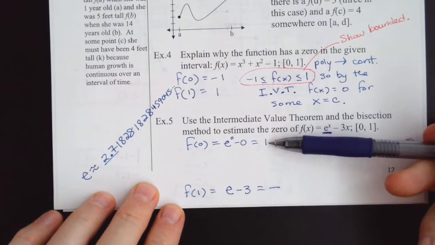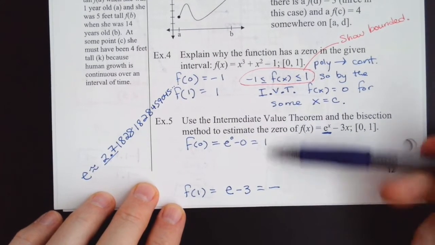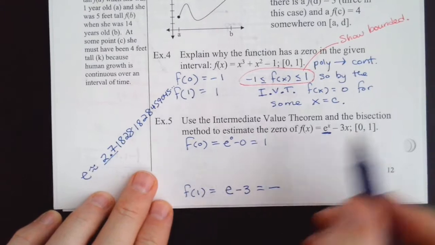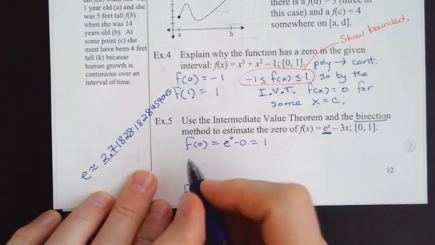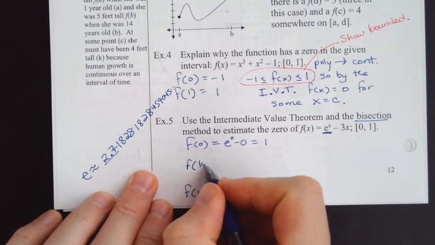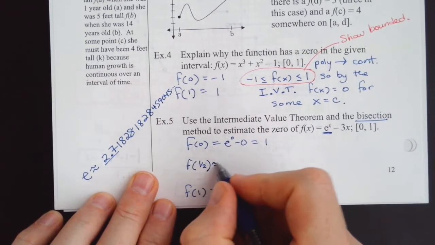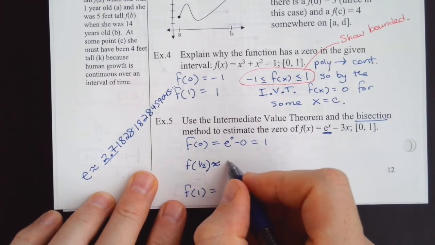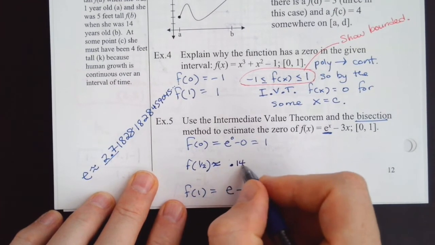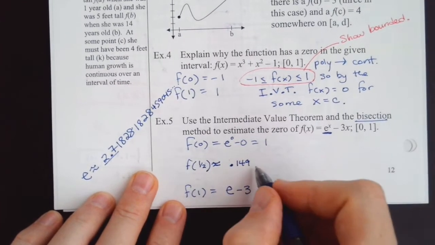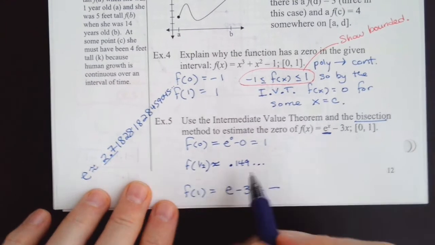All right, so the point is 2.7 minus 3 is going to be negative. So I know that since it's positive and it's negative, somewhere in between here it passes 0. So the bisection method means cut in half. So you're going to go halfway to 1/2, and you're going to plug 1/2 in there. On the calculator we could do that, and that's going to be 0.149. Okay? So that's still positive.